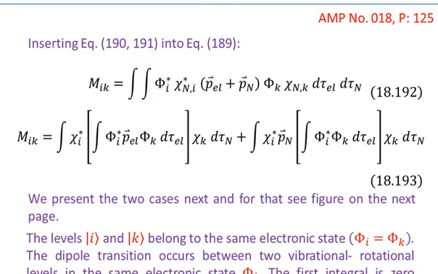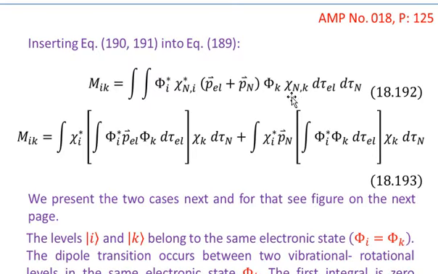So you see that here I have plugged in the values of PEL plus PN, and then of course I have also substituted the product of wave functions phi i star multiplied by chi n star, and both correspond to the ith electronic state, and then I have phi k and chi n comma k.